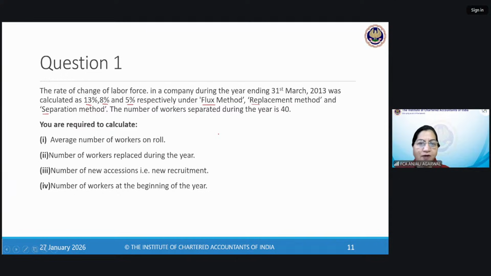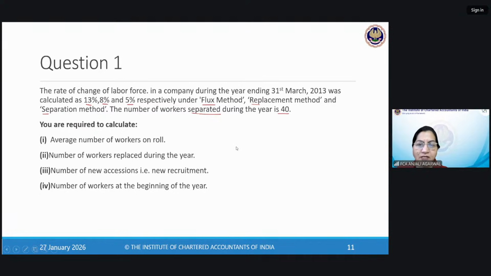You have to find out the average number of workers on roll, number of workers replaced during the year, number of new recruitments made, and number of workers at the beginning of the year. One more piece of information given to you is that the number of workers separated during the year is 40.